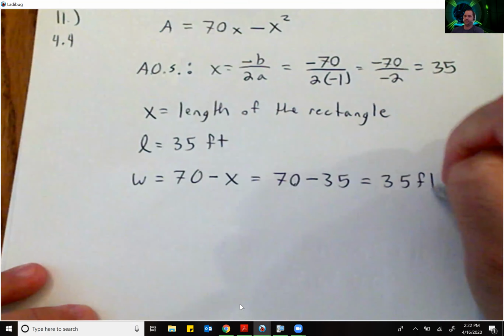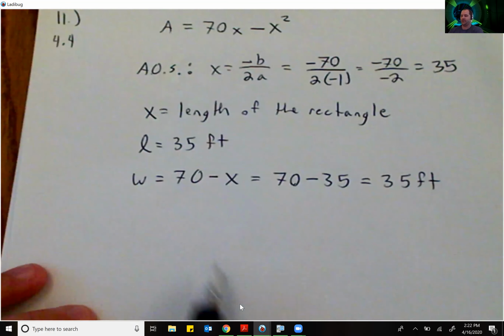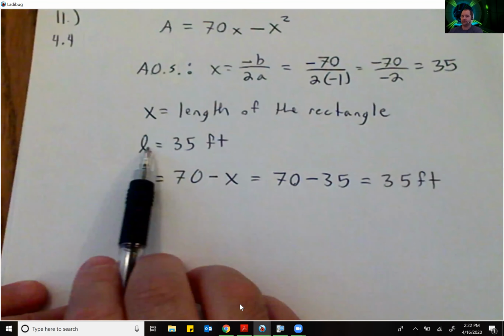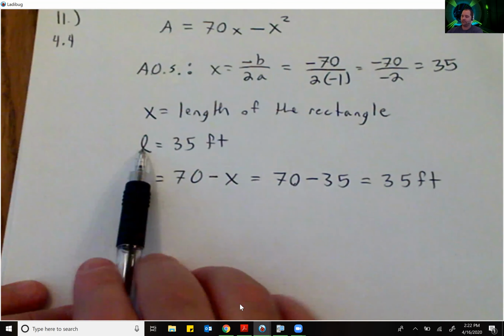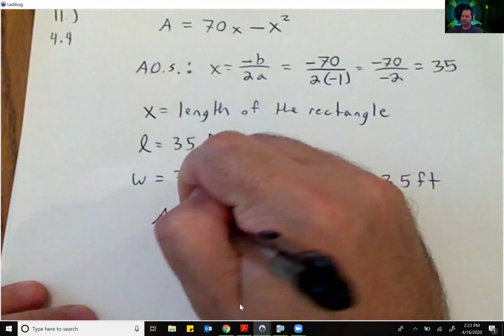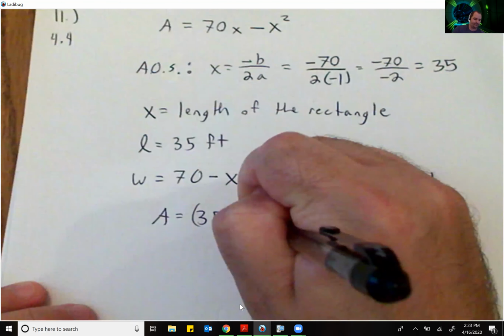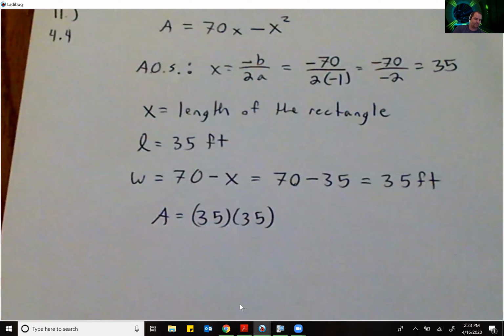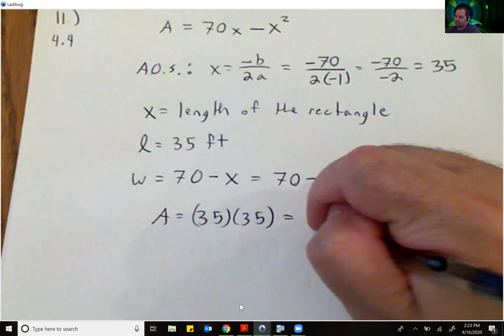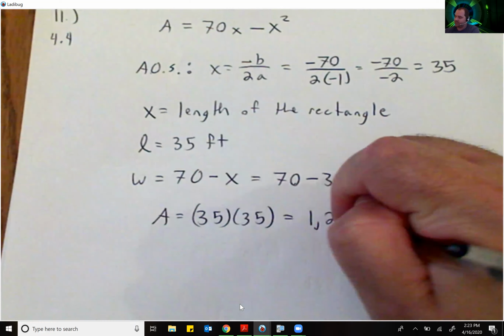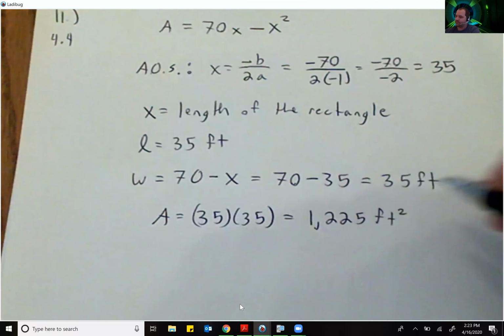feet. Now that you know the width and the length, we can find the area, which is 35 times 35. So the max area is 1,225 feet squared.